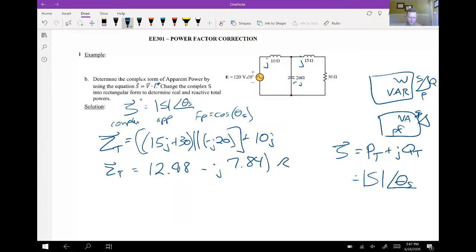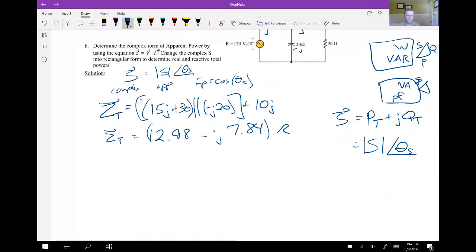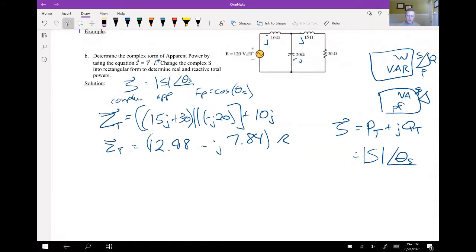All of that's in ohms. So the total equivalent impedance of this entire circuit is 12.98 ohms of resistance and 7.84 ohms of reactance, which is capacitive. So that's the total circuit.